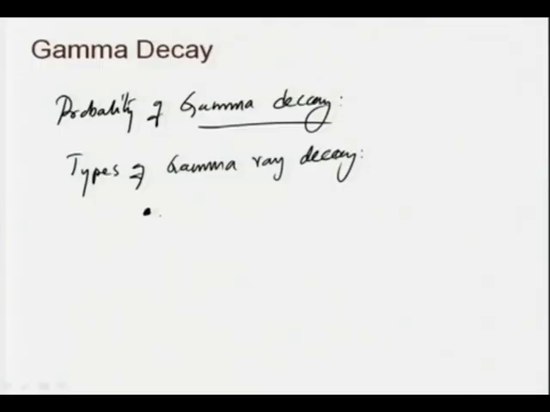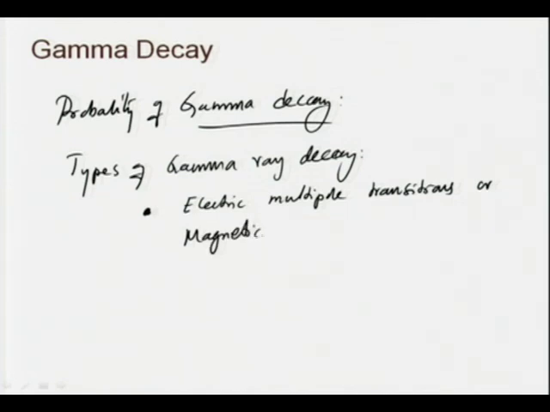So, we can think about the photons coming out of the gamma decay as due to either electric multipole transitions or magnetic multipole transitions. So, that is one type of classification that we can have. The transitions could be either electric multipole transitions or magnetic multipole transitions.